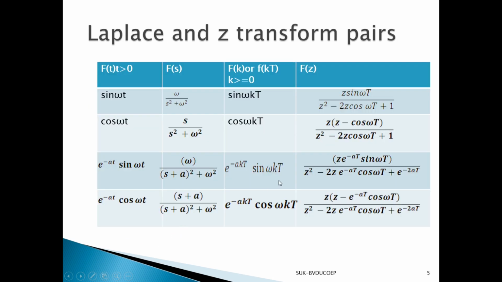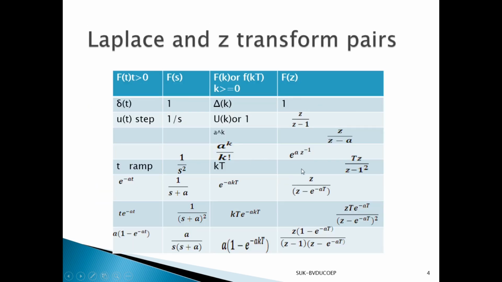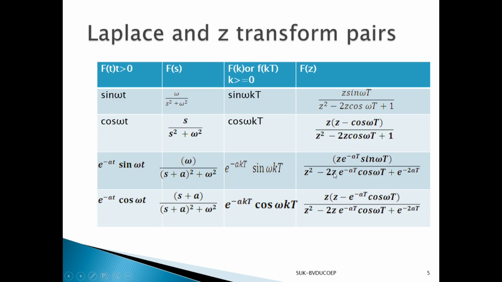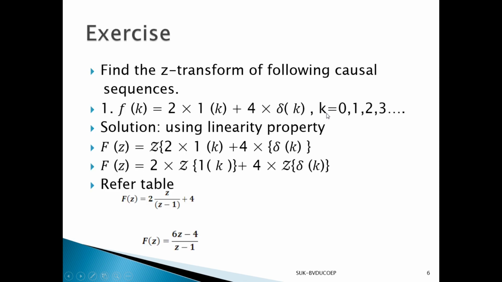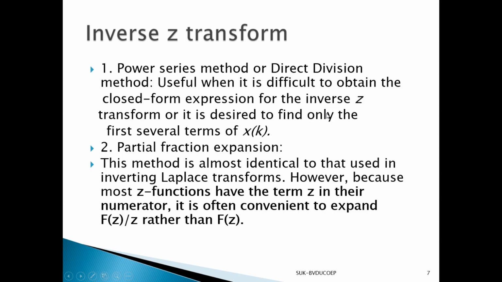So here you can see in every term there is a z in the numerator. So instead of doing it directly, we first do F(z) by z and then take the inverse. So in every numerator there is z, so it is mentioned like that.